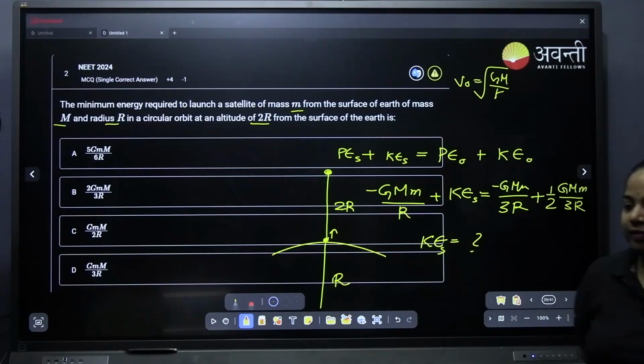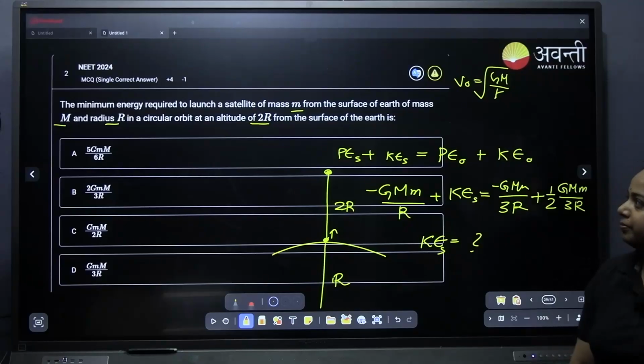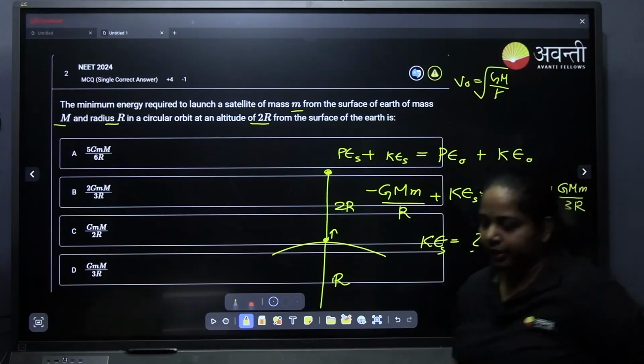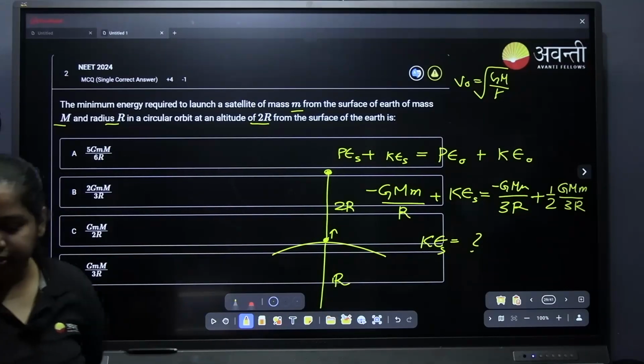All the values I have given. You have to find kinetic energy at the surface of Earth. Is there any doubt in this question anyone having? Like you did not understand any theory or concept?